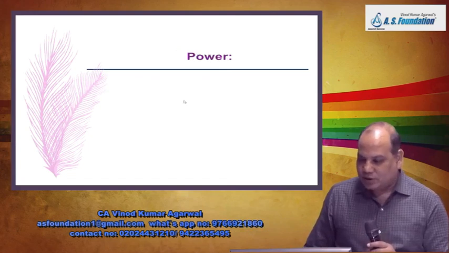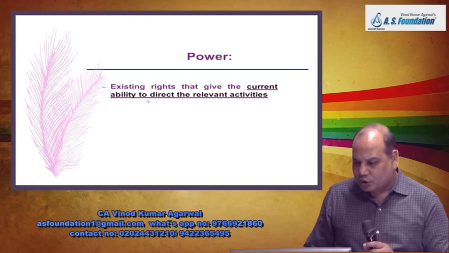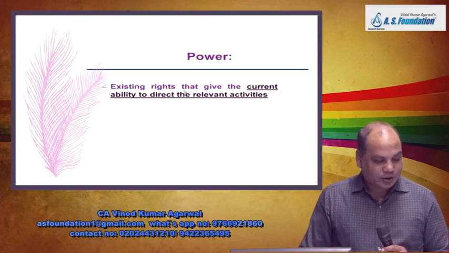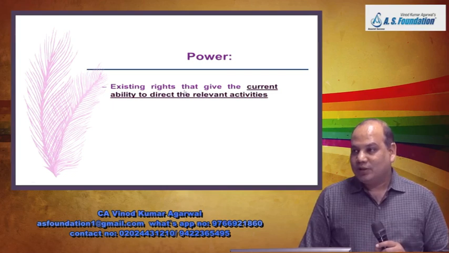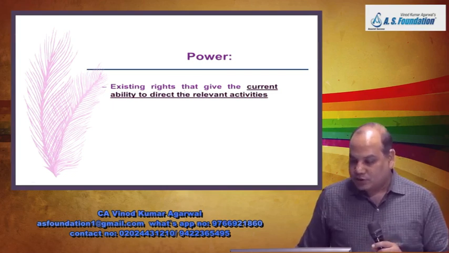A parent is an entity that controls one or more other entities called subsidiaries. What do you mean by power? Tick mark, power. Because the standard talks about having the power to direct the relevant activities. So power means existing rights.